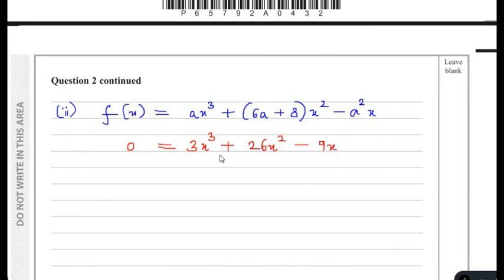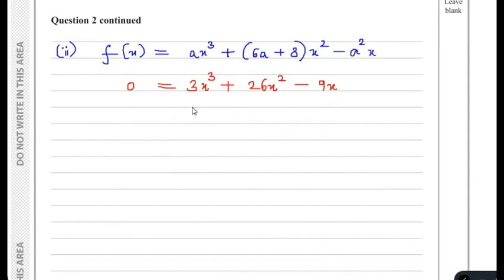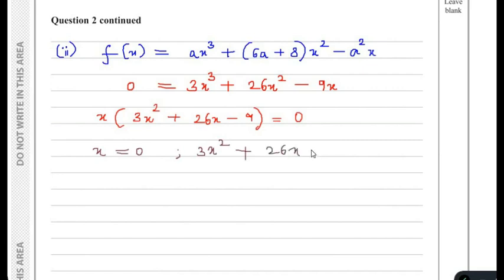Now let us factorize this equation by taking x common out. So we get x in the bracket 3x square plus 26x minus 9 equal to 0. So now we get two factors here: one is x equal to 0 and another factor is 3x square plus 26x minus 9 equal to 0.